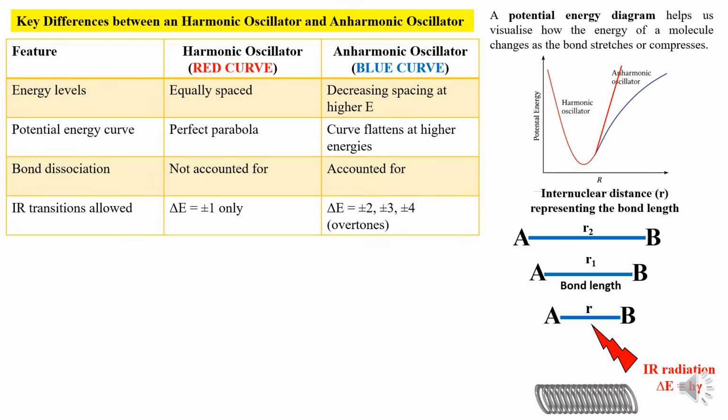Now the harmonic oscillator is represented by a red curve, while the anharmonic oscillator is represented by a blue curve. Now when you observe the shape of the harmonic oscillator represented by the red curve, it is perfectly symmetric and represents a parabola.